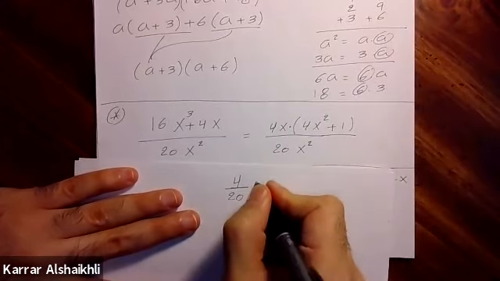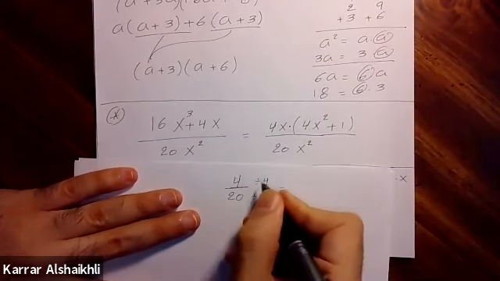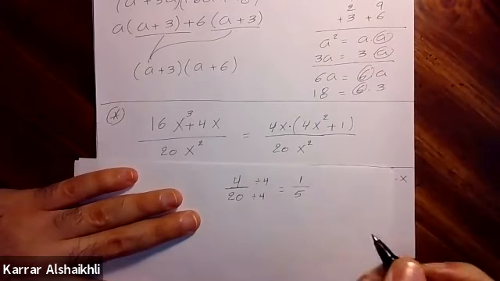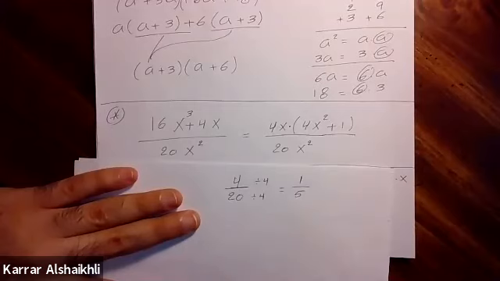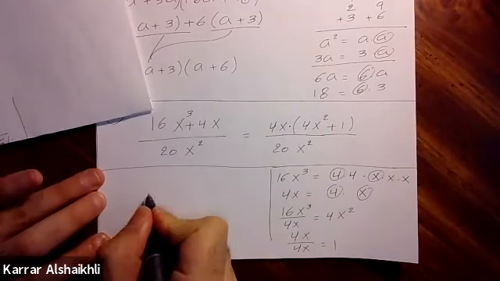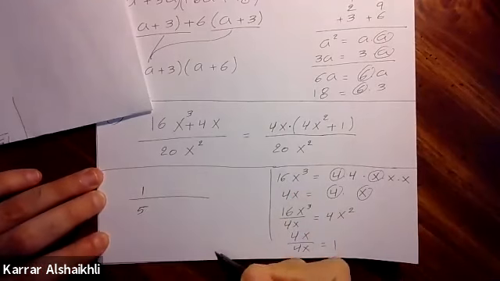As a fraction. You're going to divide this one by 4, and you're going to divide this one by 4. 4 divided by 4 is going to be 1. 20 divided by 4 is going to be 5. You see the 5? The 5 on the bottom part. So when I simplify the numbers, here is the 1, and here is the 5.